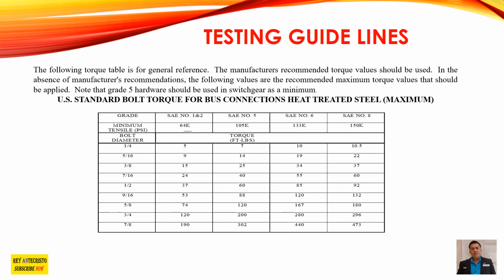Tapos, pag merong recommendation sa vendor, we'll always follow the recommendation of the vendor. Let's say, pag sinabi 12 mm, ito yung recommendation ng vendor, 50 Newton-meters, yung torque natin. Yun yung mga ginagamit natin. So, that's only the recommendation guidelines. So, the maximum torque listed, 10% to 20% less for plated or lubricated bolts.